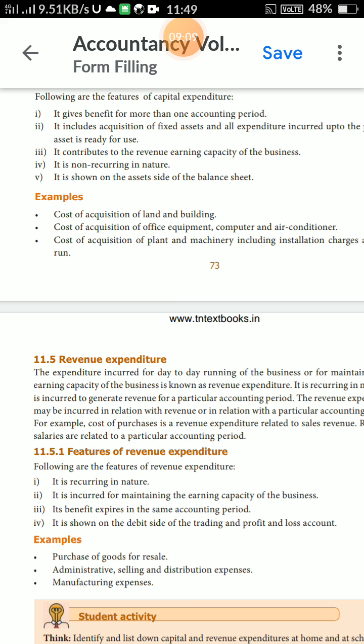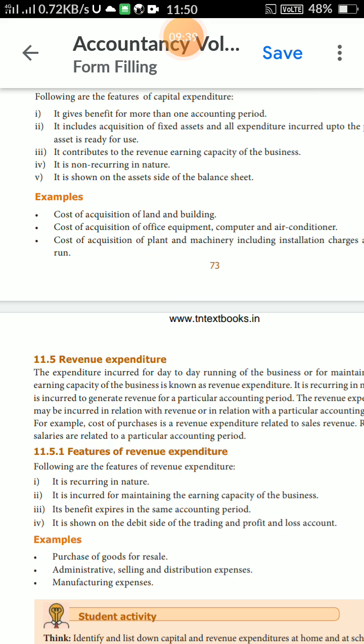Listen students, mainly you learn 2 points. Capital expenditure means mostly high value assets: land, building, office equipment, computer, air conditioner, machine, plant, installation charges.